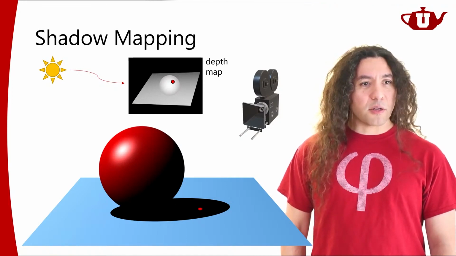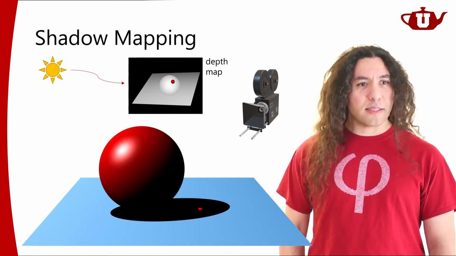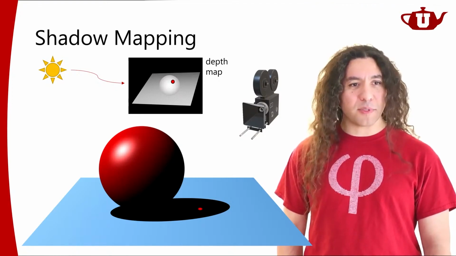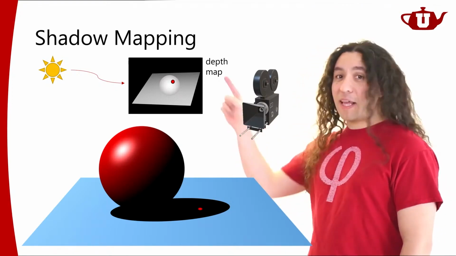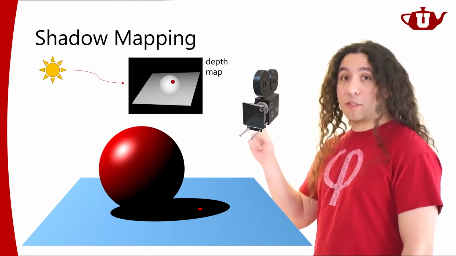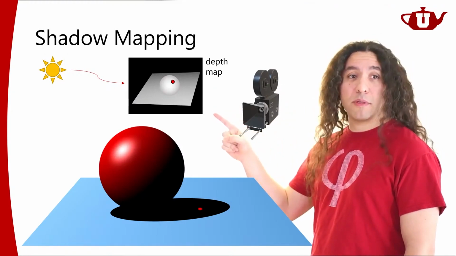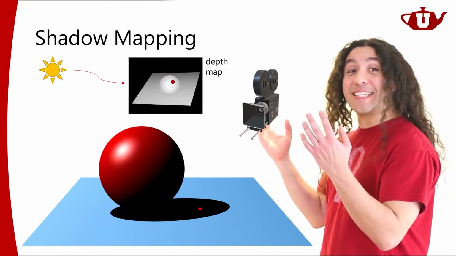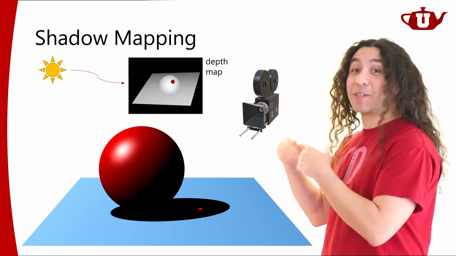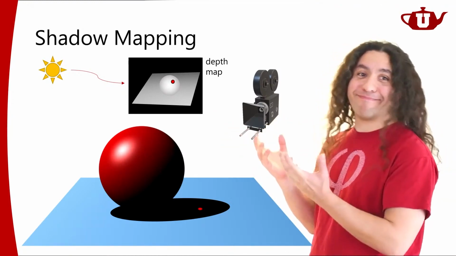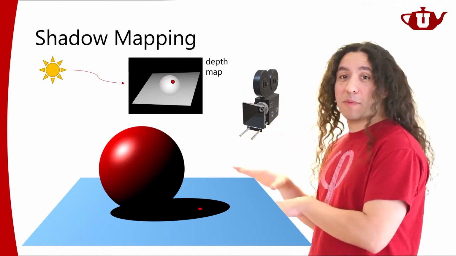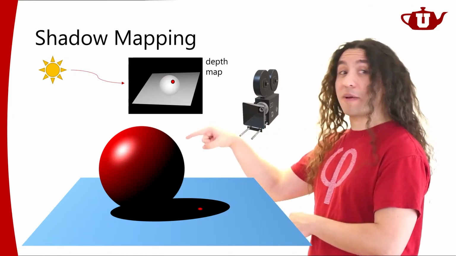The question here: if a light source in the scene is moving, then do we need to render new shadow maps? Yes. If the light source is moving, you need to recompute your shadow map. Also, if anything in your scene is moving, you need to recompute your shadow map. I mean, maybe the light source is the same, the camera is staying the same, the plane is staying the same, but the sphere is moving.